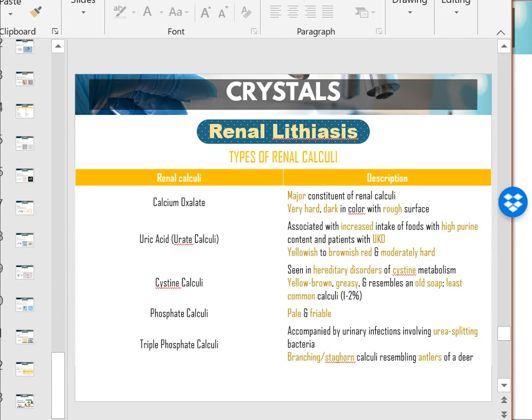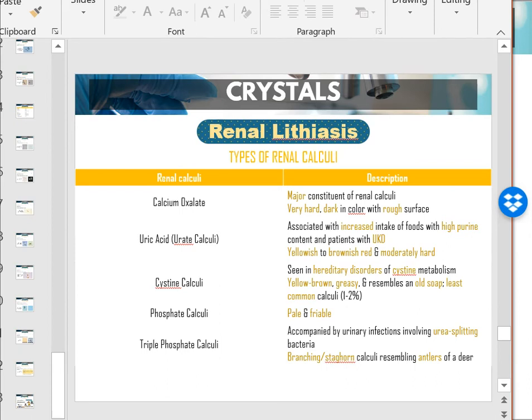As mentioned earlier, it is an inborn error of metabolism, so renal calculi formation can occur at an early age. It is yellow, brown, greasy, and resembles old soap. It is the least common calculi, only 1 to 2%, because seldom do people have a problem with this. Cystine.